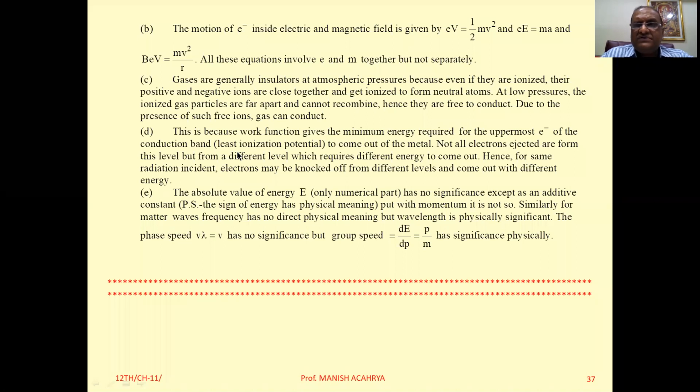So very first, the outermost electrons, which are in the outermost orbit, will be liberated first. And the electrons which are close to the nucleus are strongly bound, so they require more and more energy to be freed from it. Due to that, all the electrons are not emitted with the same energy. Clear?